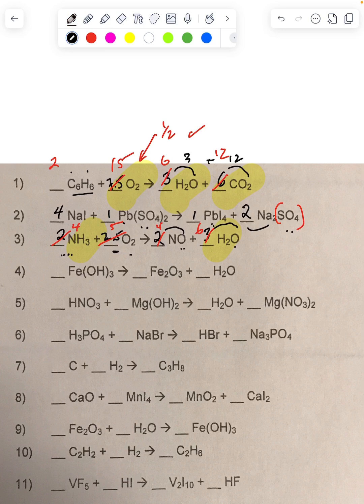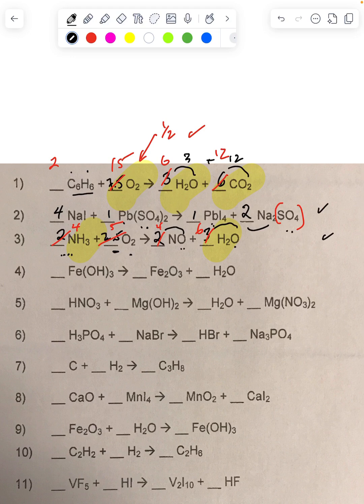Hopefully you immediately are starting to think of our first problem. If that is a decimal 0.5, you can double this to 5, but if you double that, you got to double this one, you got to double this one, and you also have to double this one. All right, let's keep cooking.